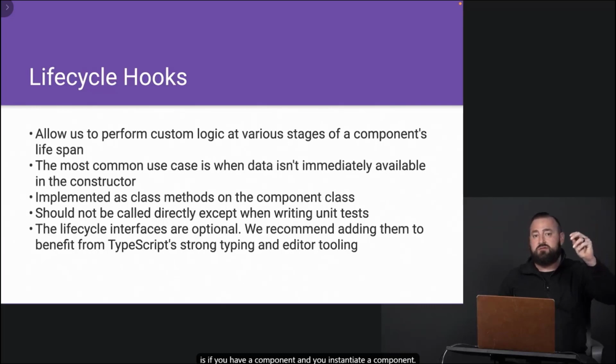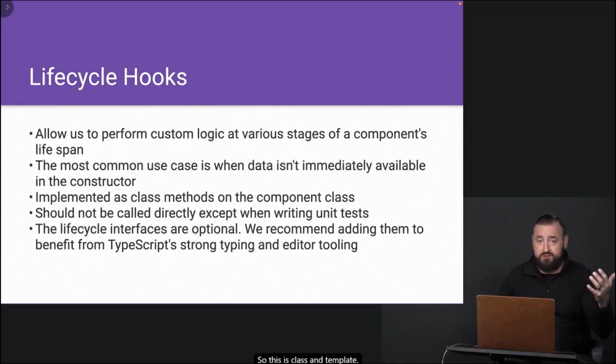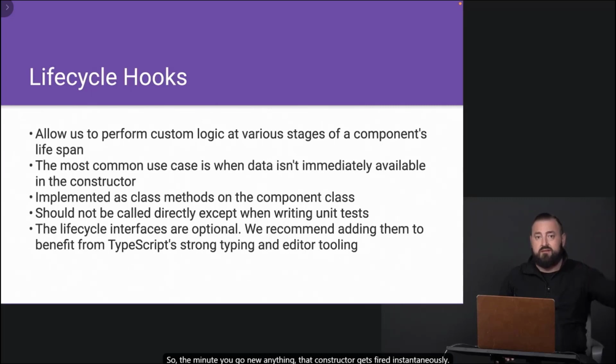and you instantiate a component, so this is class and template, your constructor is fired immediately. So the minute you go new anything, that constructor gets fired instantaneously. But what happens if data is dependent on data that is not there yet?